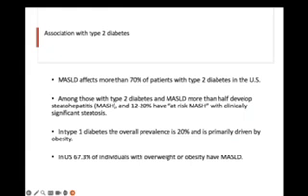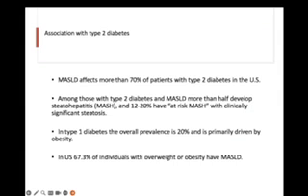The association with type 2 diabetes is important and significant. MASLD affects more than 70% of patients with type 2 diabetes in the US, and among those with type 2 diabetes and MASLD, more than half develop steatohepatitis, and 12 to 20% have at-risk MASH with clinically significant fibrosis.